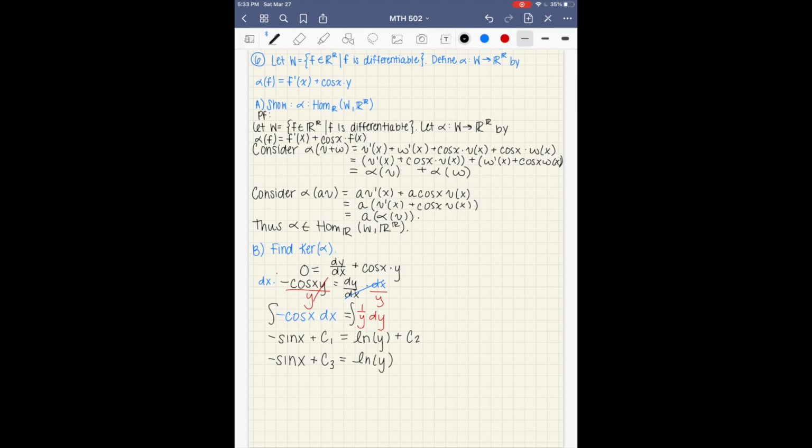And we can get rid of that natural log by raising both sides to the e, because these cancel out. So we're left with e raised to the negative sine x plus C3 equals y.